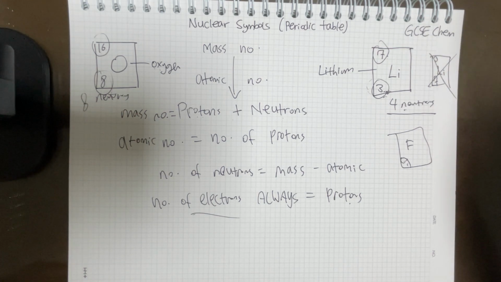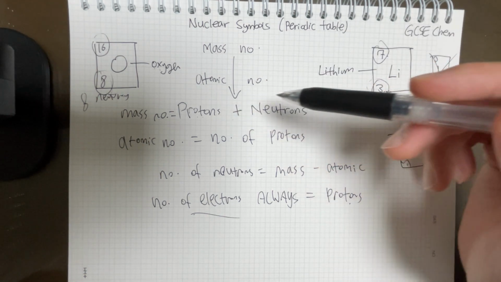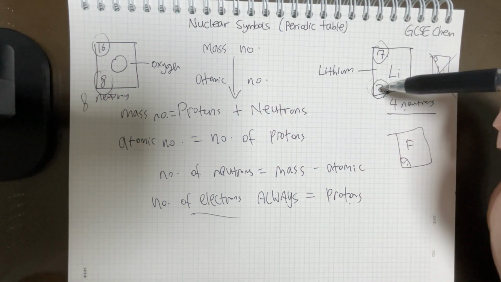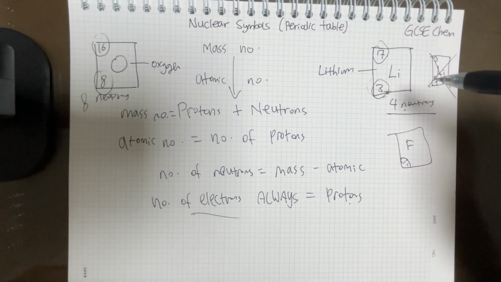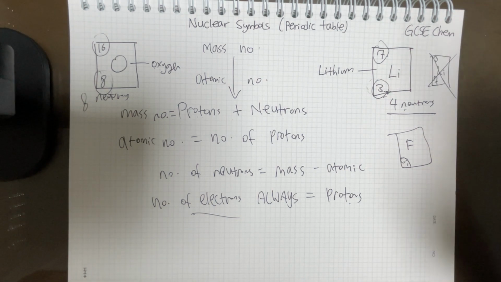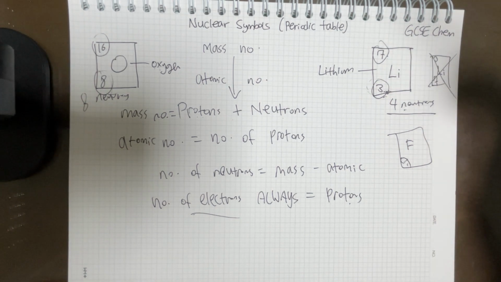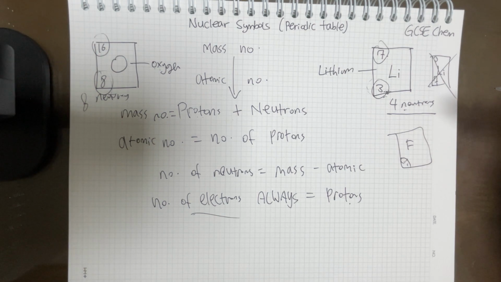The mass number is always larger than the atomic number, because it consists of both the protons and the neutrons added together, whereas the atomic number just consists of the number of protons. So an atom with 3 protons will always be lithium. If an atom has 8 protons, it will always be oxygen. If an atom has 9 protons, it will always be fluorine.